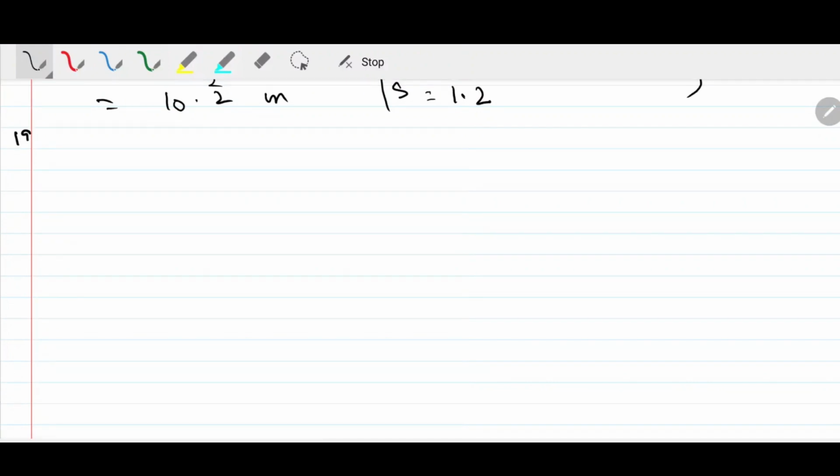Then there is question 19. The question states that PQ is a line of greatest slope of length 4 meters on a smooth plane inclined at 30 degrees to the horizontal.